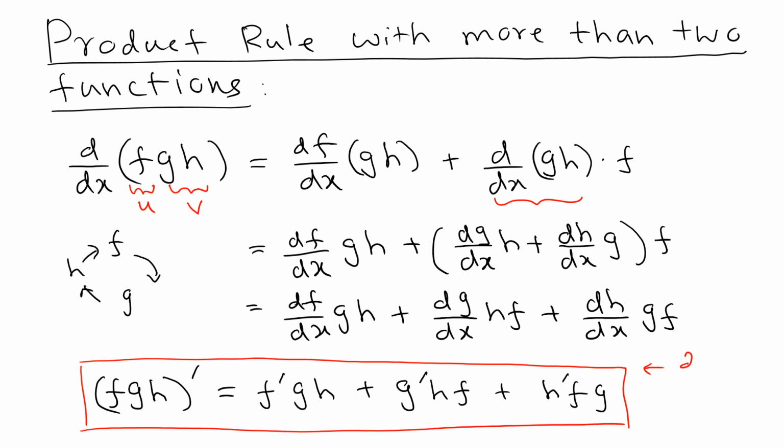So the derivative applies to only one function, only once, just once, and then you just multiply by the other two. So if you look at four functions, what will happen?